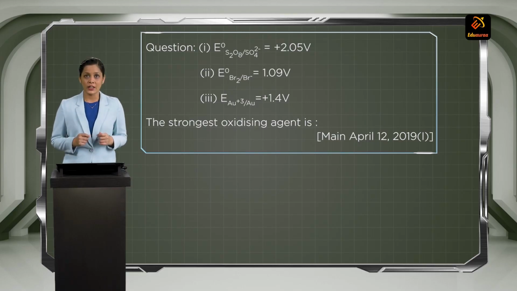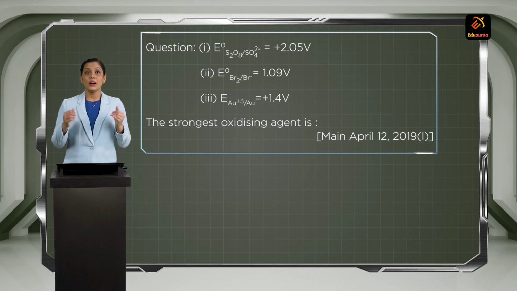So, the first value, that is E0, going from O2 to H2O, has a value of plus 1.23 volts. The second one, E0 for S2O8 2 minus, that is persulfate ion, going to sulfate, that is SO4 2 minus, the value is 2.05 volts.